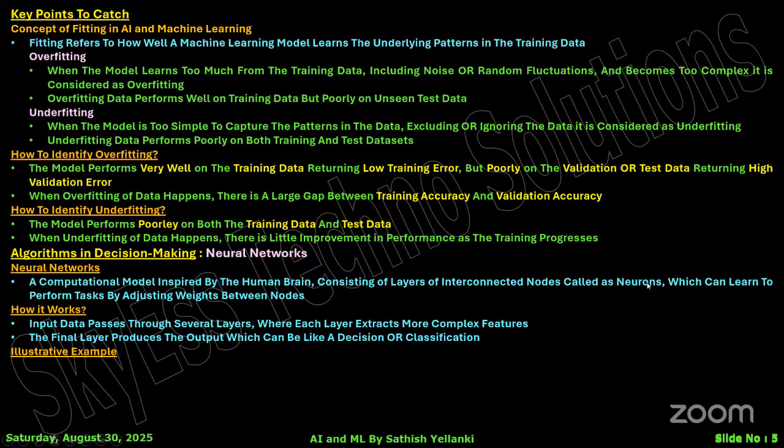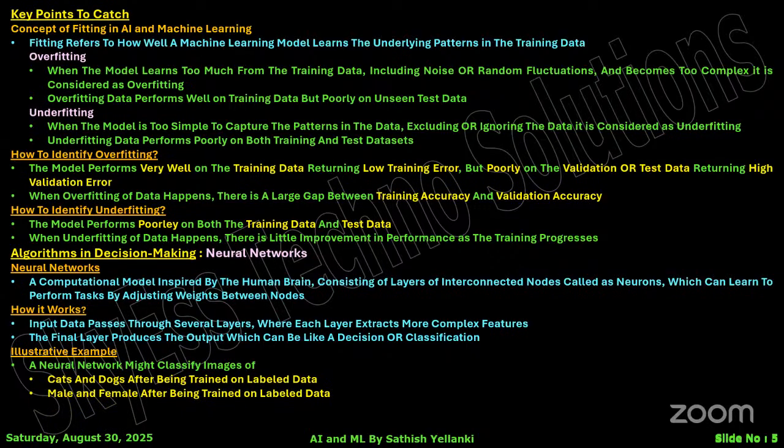Therefore, a neural network might classify, in very simple projects like image processing, between cats and dogs after being trained on labeled data, which is the simplest project many people will speak of. By taking images, it can tell you male and female after being trained on labeled data. I think nowadays, on mobile cameras, when you try to take a selfie or a group photograph, is it not trying to identify the gender, man?